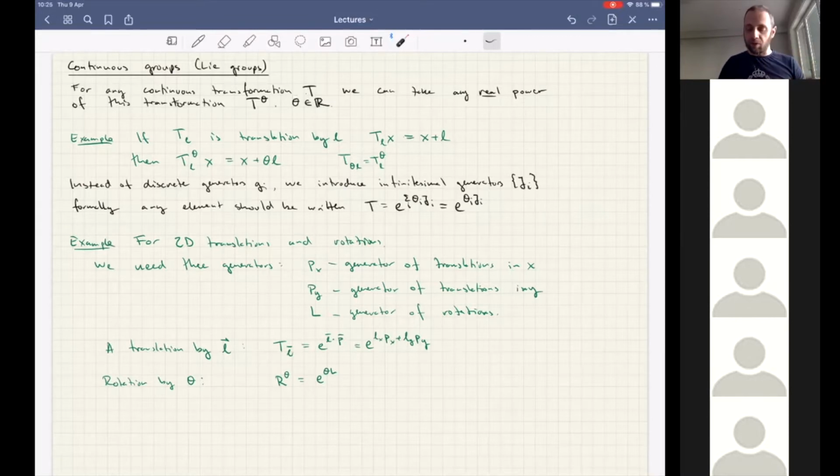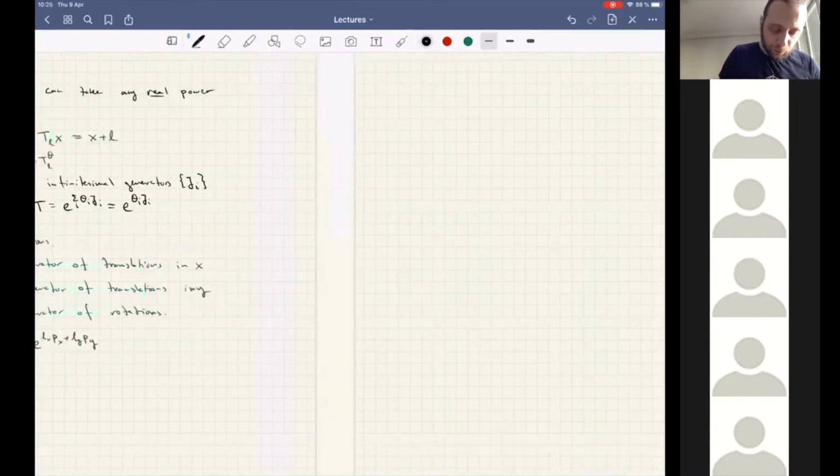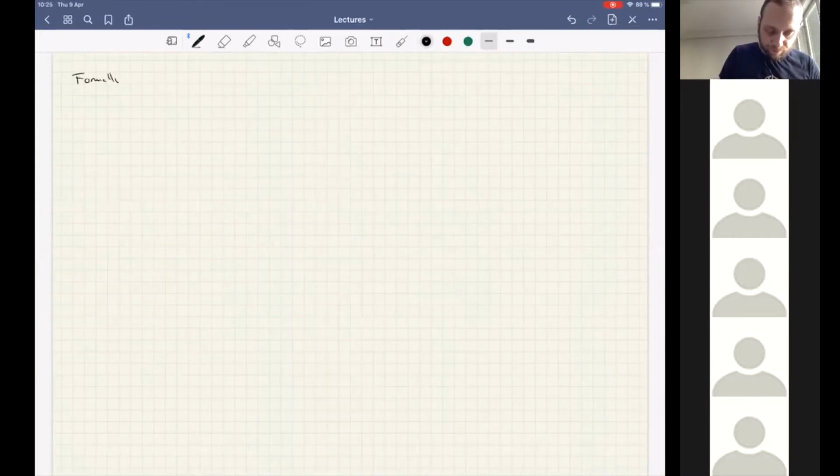So the main thing here is that for small transformations, I'm going to expand this as 1 plus whatever is up here, and then higher order terms in thetas. Formally, we have not said what type of objects these J's and these transformations are.